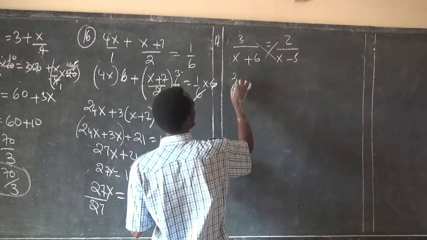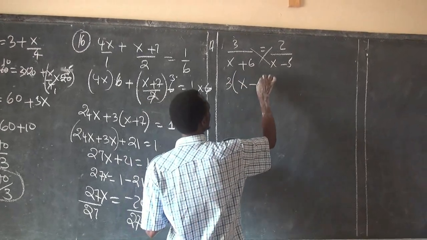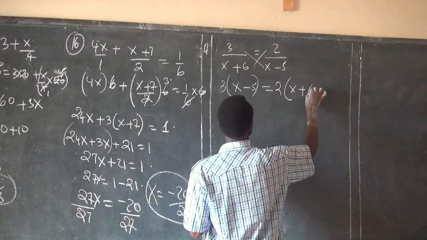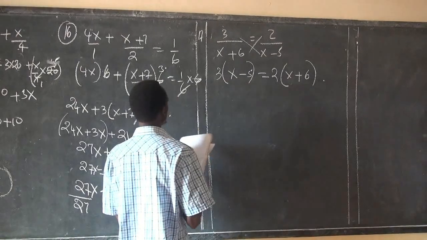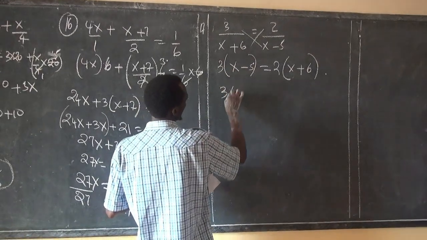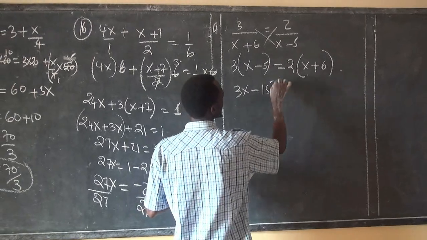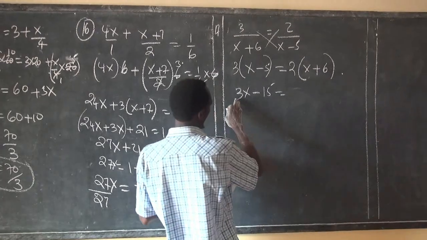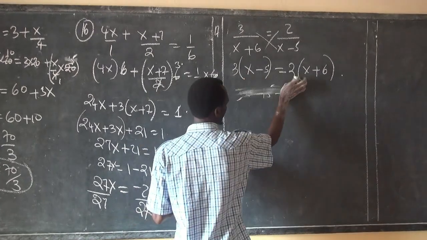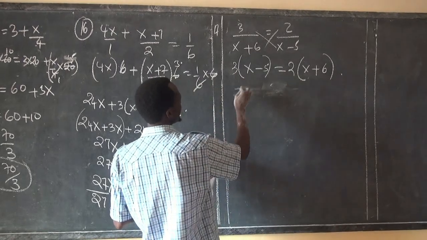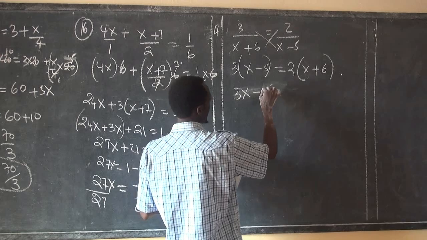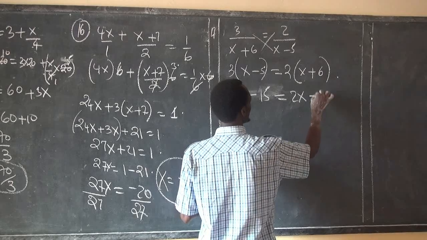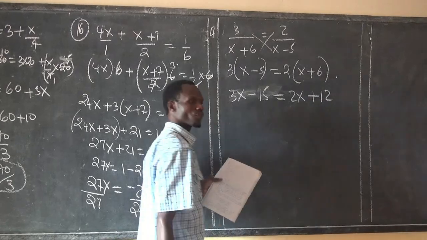That is to say 3 times x minus 5 is equal to 2 times x plus 6. Then you open the bracket: 3x minus 15 is equal now to 2x plus 12.